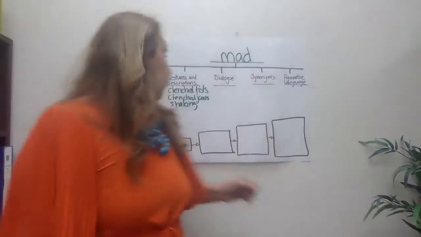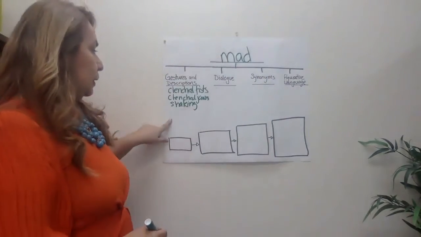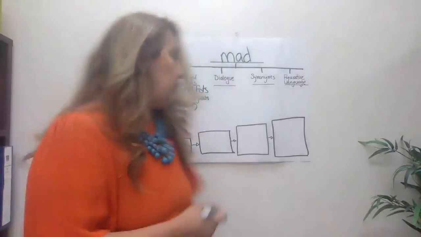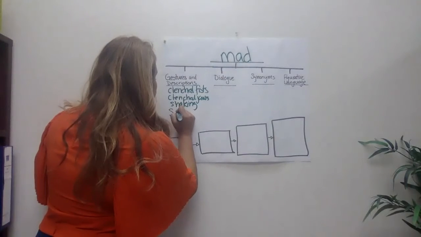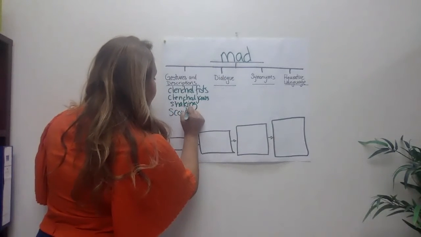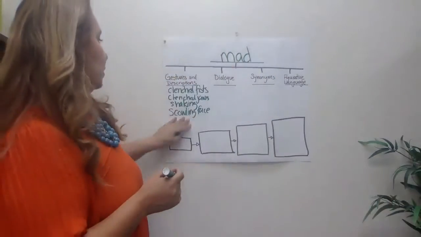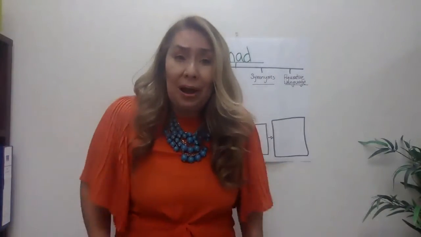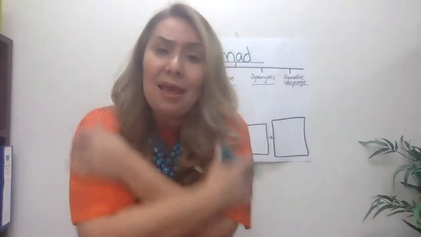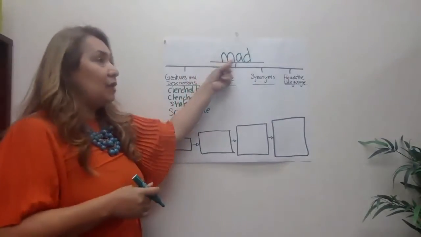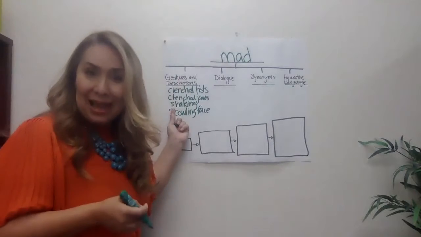Sometimes we see that they have a scowling face. You could just see their eyebrows and their facial expression. They're showing us with our body, our face, our hands, everything. No one has to tell us, we can see it. This is mad.